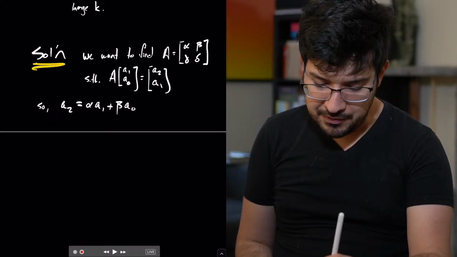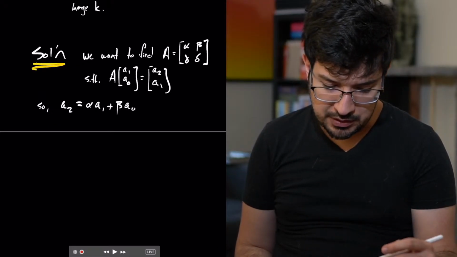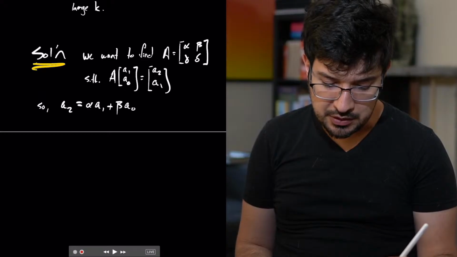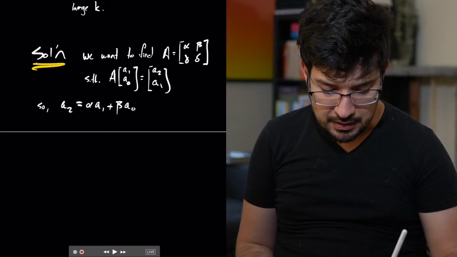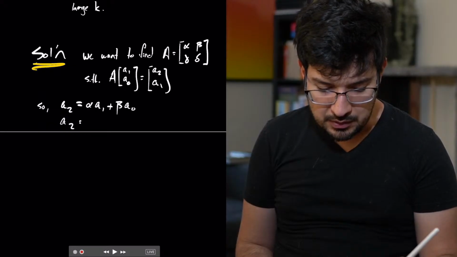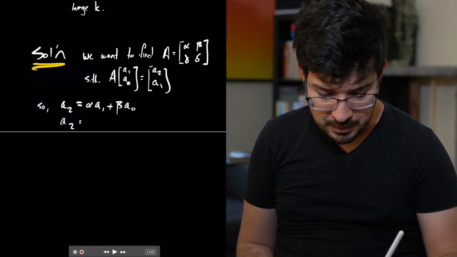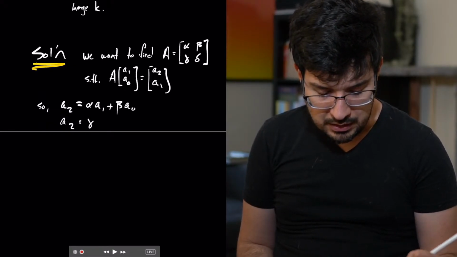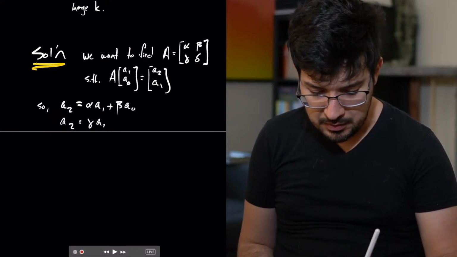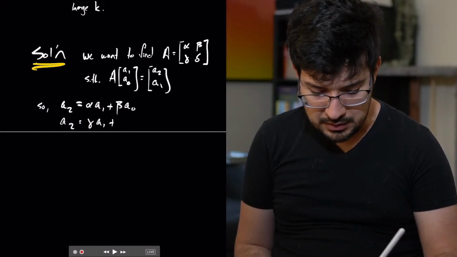I get that from the first row of matrix A dot product with the initial vector, and then A1 should equal gamma A1 plus delta A naught.